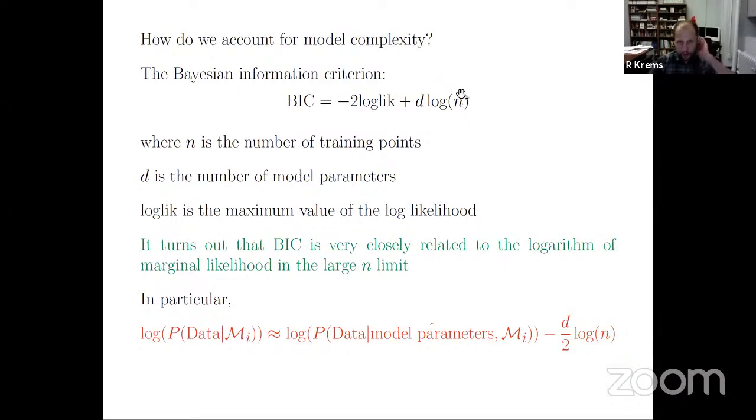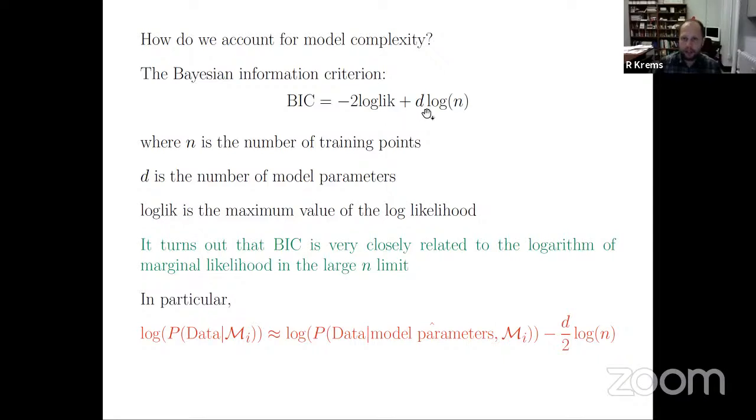There are several criteria that can be developed, but the best, in my opinion, is the so-called Bayesian information criterion, which is defined as -2 times the maximum value of the log likelihood, not the marginal likelihood, but the actual log likelihood.